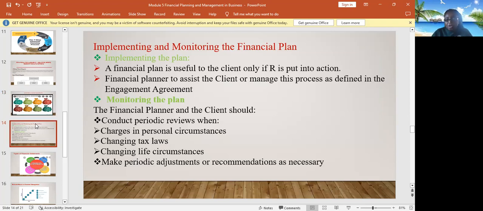Implementing and monitoring financial planning. How do you do that? So, implementing the plan first. The financial plan is useful to the client only if it is put in action.